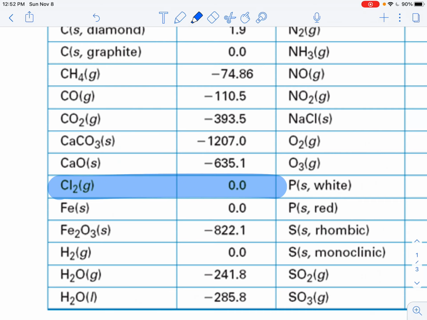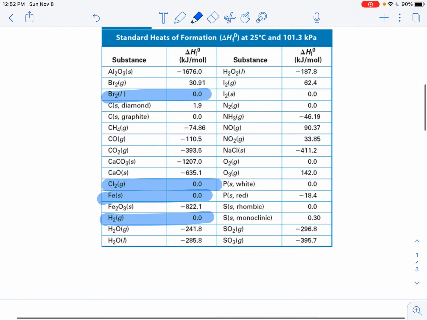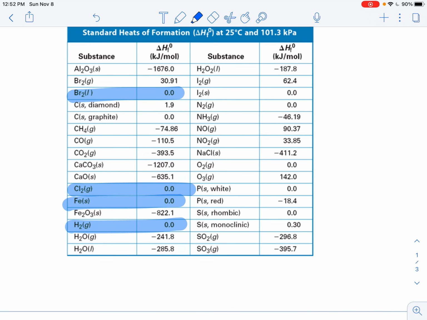Here is gaseous chlorine. 1 mole of it, it's an element. That's how it exists in nature, and it's in its standard state. Here is iron. It's a solid because under normal conditions, iron is a solid, and it has values of 0. Here's hydrogen. It has a value of 0. Elements in their standard states have heats of formation equal to 0.